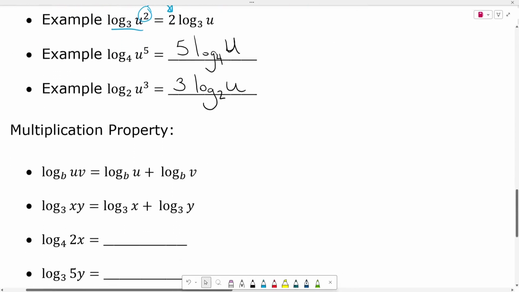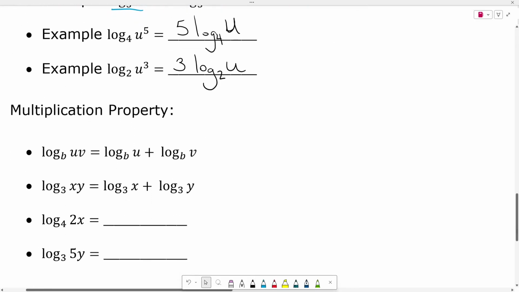We have a multiplication property. Our multiplication property right here says that log base b of u times v is going to be equal to the log base b of u plus the log base b of v. And here's an example here.